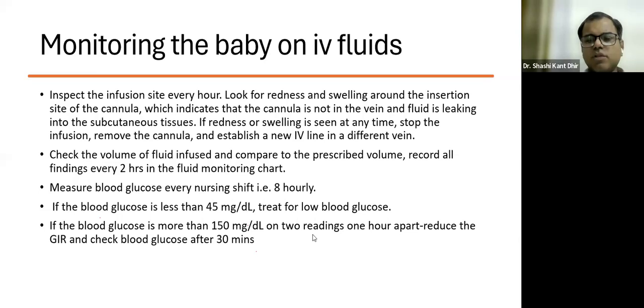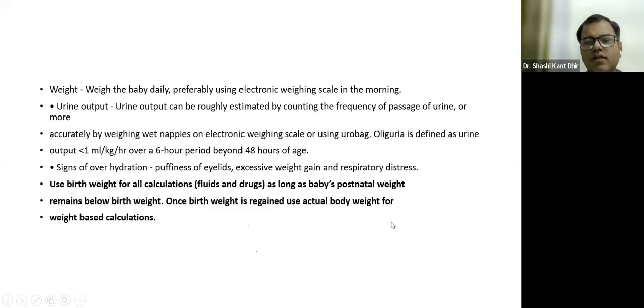If the glucose is less than 45, or if the baby is on GIR, then whatever we are targeting, we should also treat for low blood glucose and change the fluid accordingly. If it is more than 150 mg on two readings, 1 hour apart, then we have to decrease the GIR, and again check the blood glucose after half an hour. If the baby is on 10% dextrose, we can also decrease to 5% dextrose if indicated, right? So these are the things that we should see.